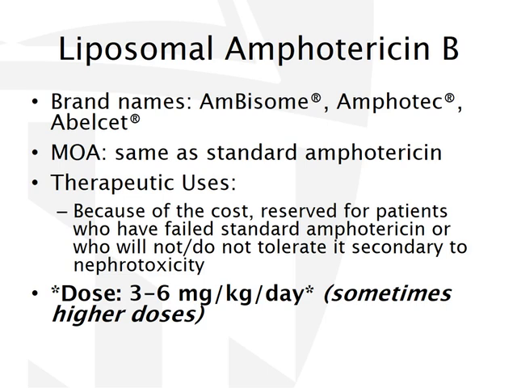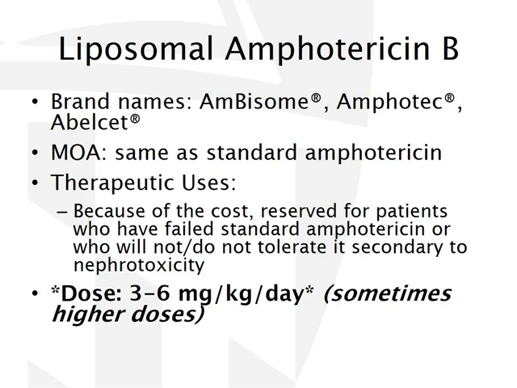However, because of the cost, the amphotericin B liposomal forms are much more expensive than the conventional forms. Because of that, they're reserved for patients who have failed standard amphotericin B, or patients who you don't expect to tolerate conventional amphotericin B because maybe they've already got some pre-existing nephrotoxicity and you don't want to take a chance that it might be worsened.